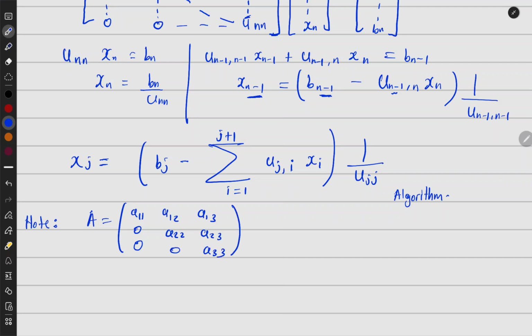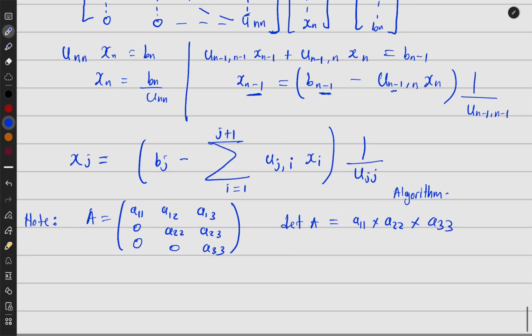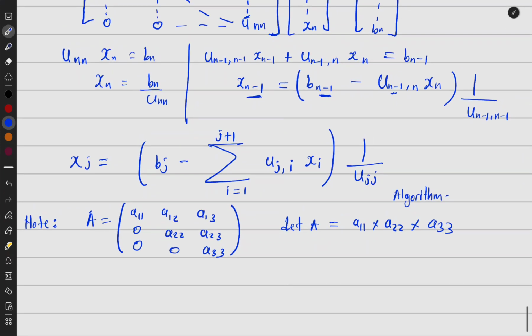It's a triangular matrix, so you find that the determinant of this A is equal to A11 times A22 times A33. So the determinant of a triangular matrix is the multiplication of the entries in its diagonal. So we should know that. Even for the lower triangular, it's still the same thing. Just multiply the ones in the diagonal.